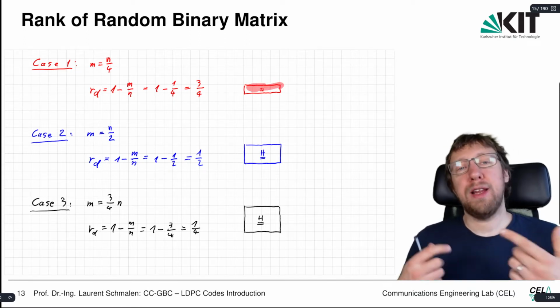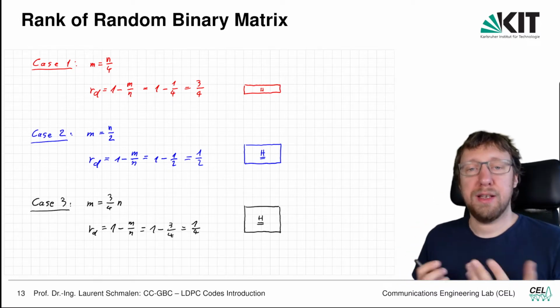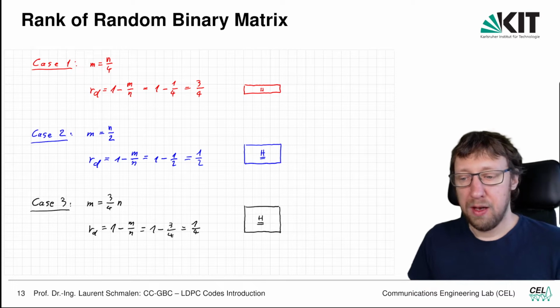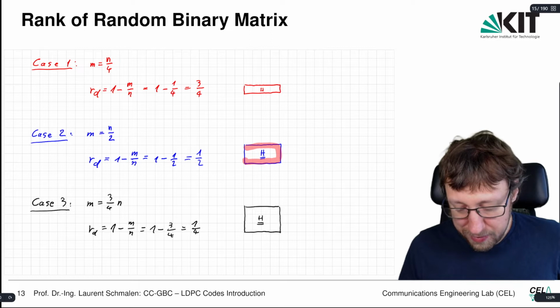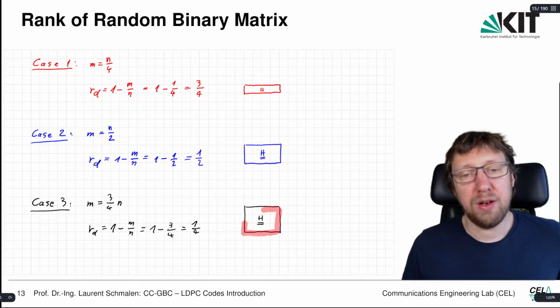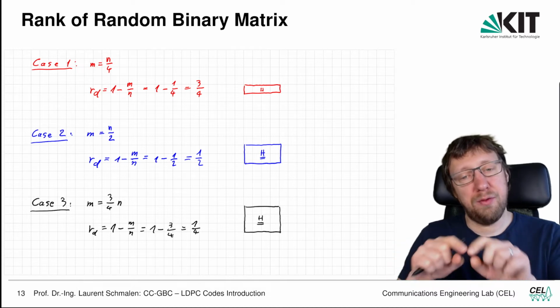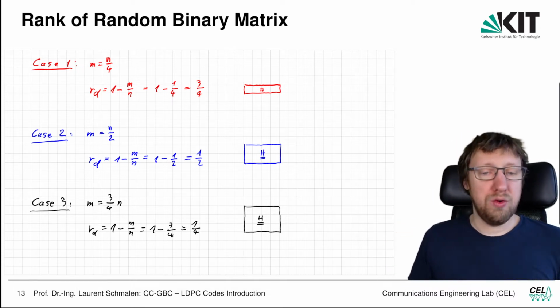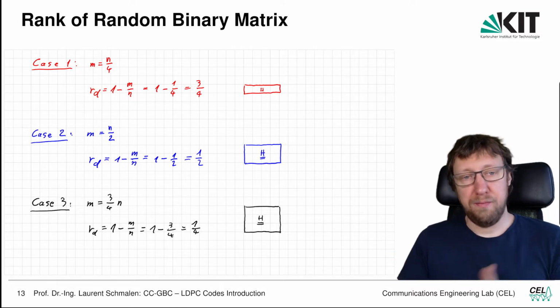So the probability that we choose a vector that is linearly dependent on the previous vectors is rather small. Then here we need to fill more vectors, and here we need to fill quite a lot of vectors in the matrix. So the probability that we select a random vector for a row that has already been used is quite high. So we expect the probability of having a full rank to be smaller.